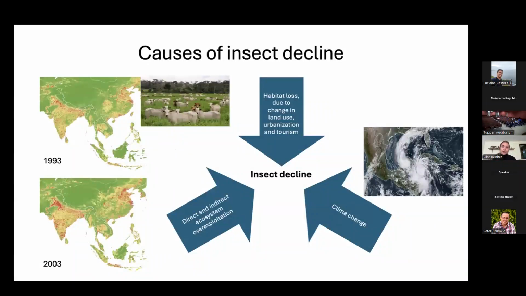As causes of this decline, they have been pointing out climate change, ecosystem overexploitation, and habitat loss, and they probably interact with each other in really complex ways. Habitat loss has been pointed out as one of the main causes of insect decline.